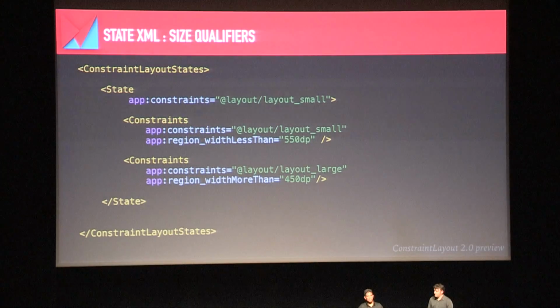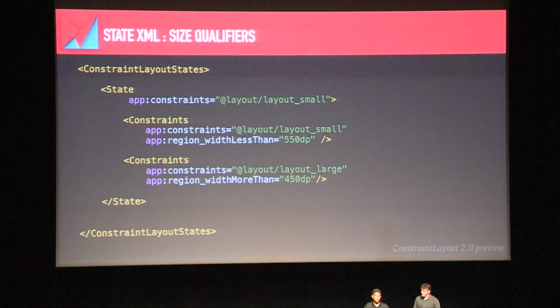So one of the things that you can do is add size qualifiers to states. What that says is, if my size is going to be different, I can have one state and have three different layouts for that state, but they're each for different size devices or sized areas. And one of the areas that becomes very important is if you're going to try and use Android on Chromebooks.